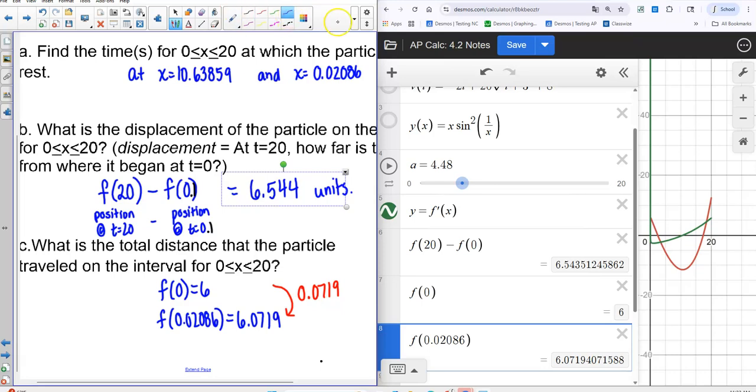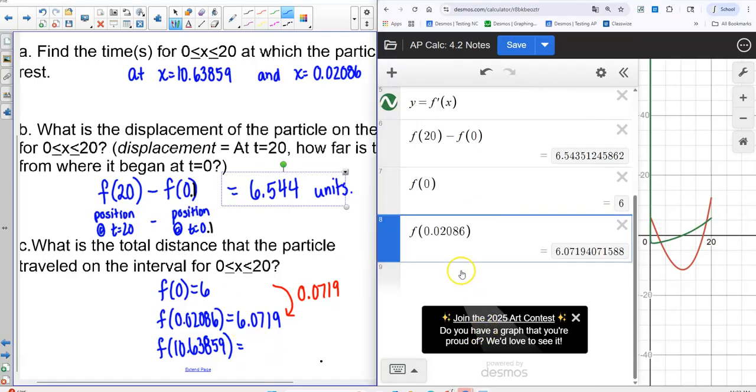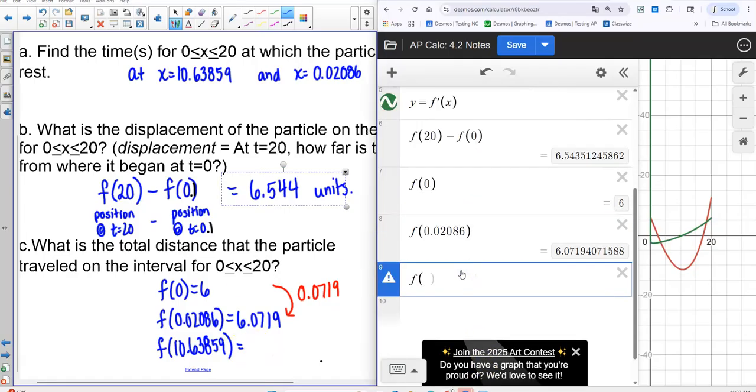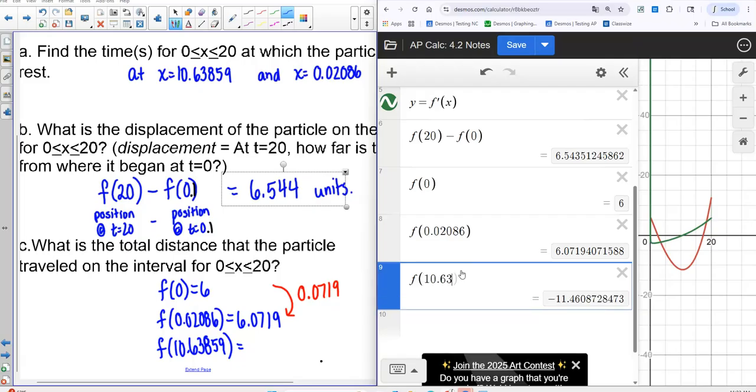So it's going to go to the left until it gets to 10.63859. So f of 10.63859 is going to be negative 11.461.